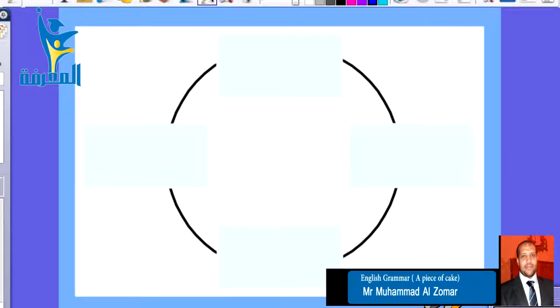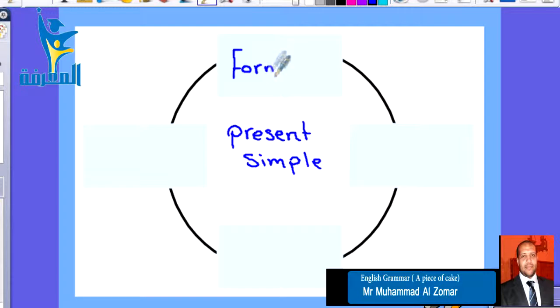If you are talking about the present simple tense, we shall discuss some points. The first point is formation. The second one is usage. The third one will be the keyword.